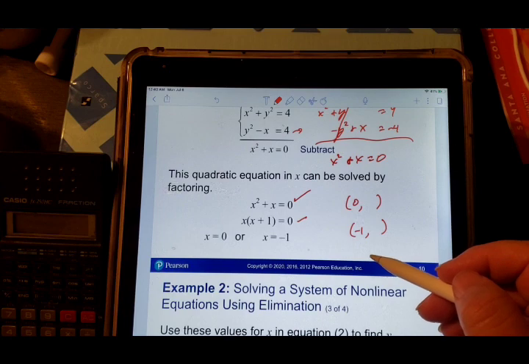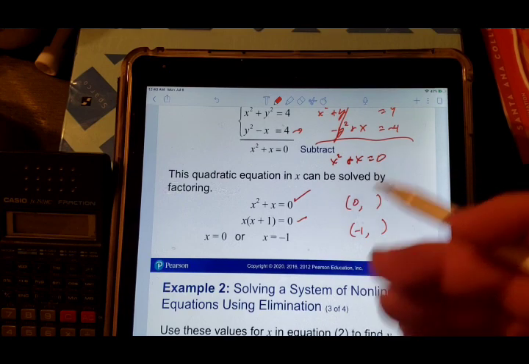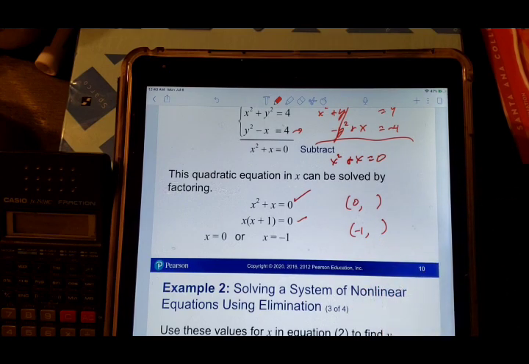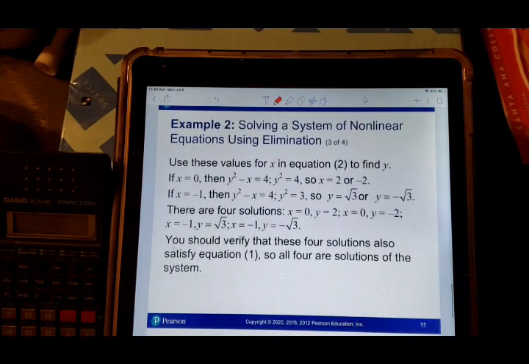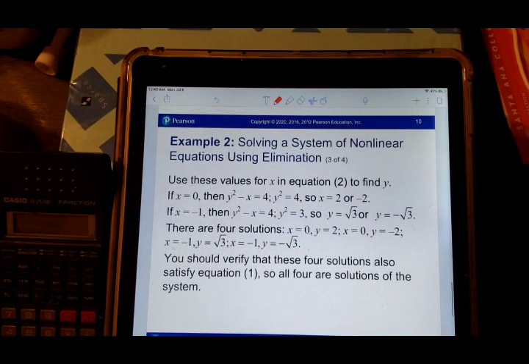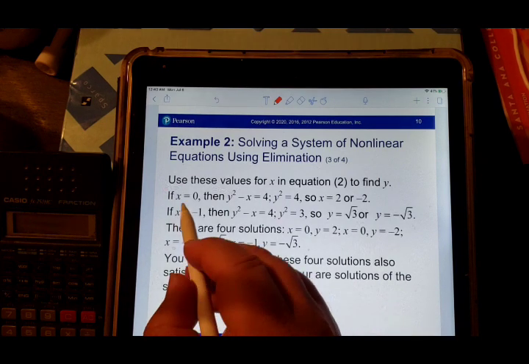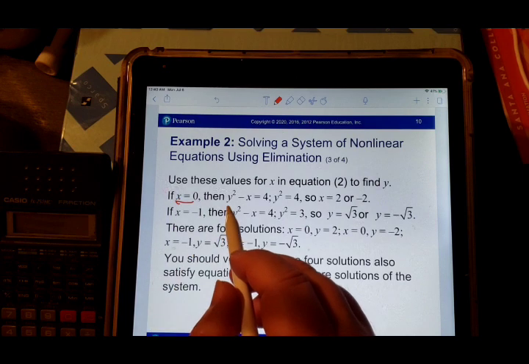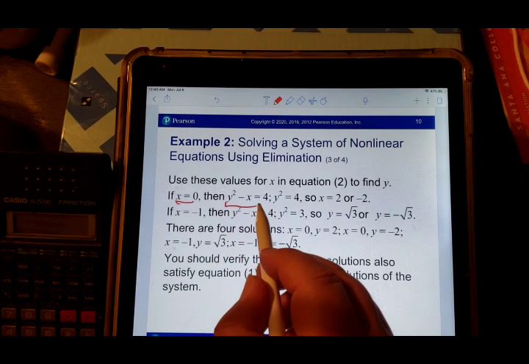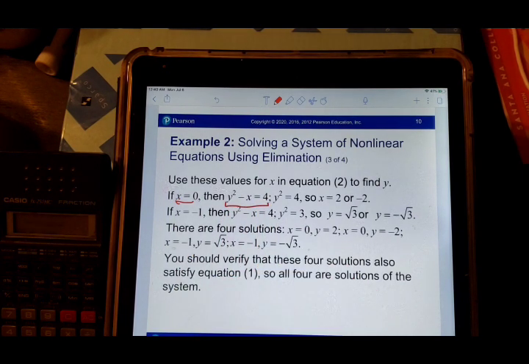All right. So we're going to substitute each of these values into one equation or the other and solve. It doesn't matter which equation, because remember, the point is in both equations. So if x equals 0, we can substitute that into this equation.